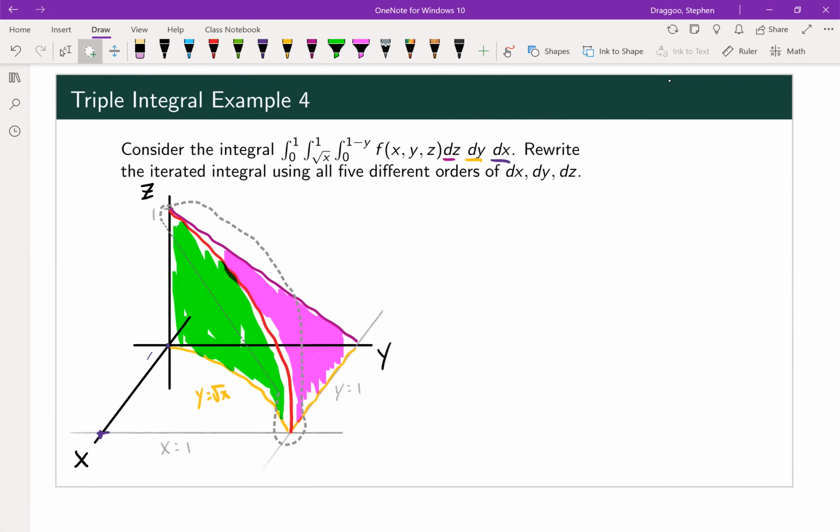Let's see what happens if I grab this red line and change it to blue. Does that help it show up any better? Actually, I think it kind of does. Let's put it in blue.